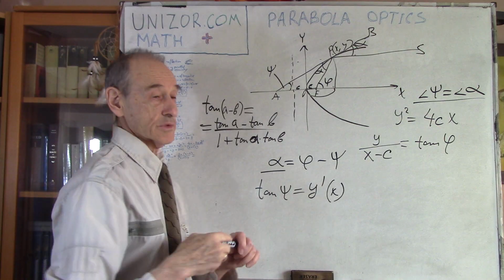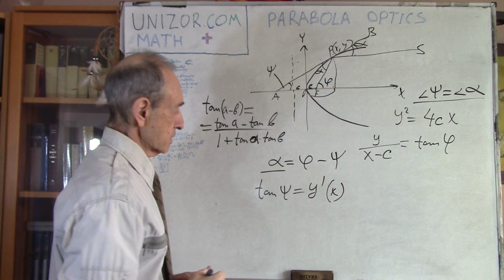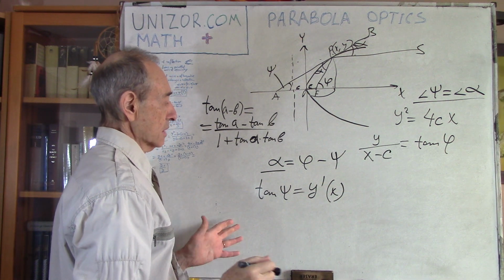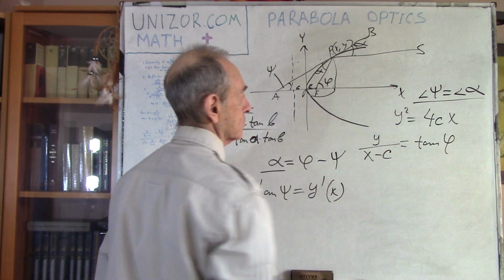Again, that's part of the calculus course, which is part of the Maths for Teens. This is elementary calculus, and now we have to find this, but we have this.